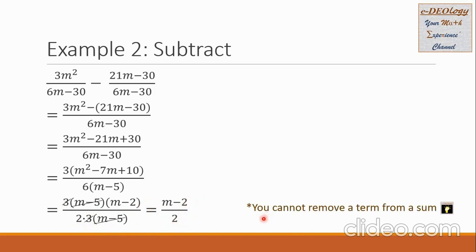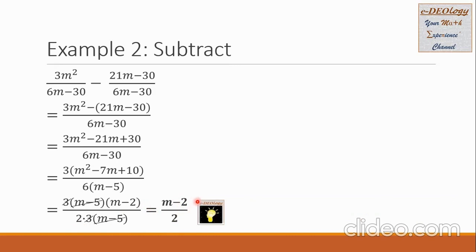There is a note that you cannot remove a term from a sum. It means we cannot cancel that because the number 2 in the numerator is part of the sum. So the m minus 2 over 2 is our final answer.